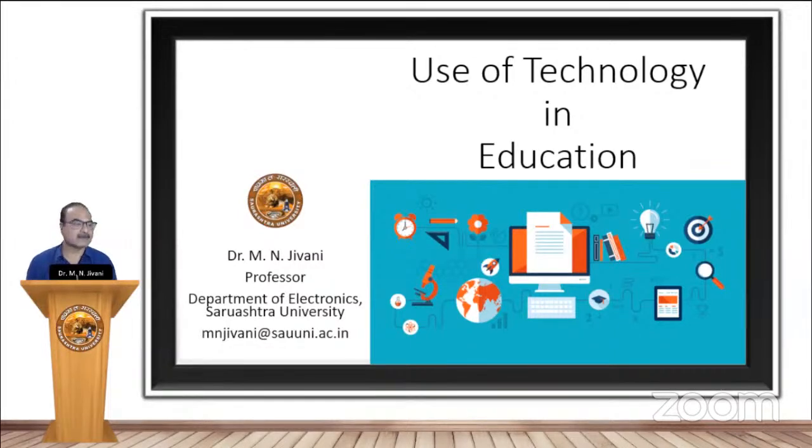One is academic bank of credit, then digital governance, and then technology, and so many other areas, multiple entry, multiple exit, modular systems. All these are theme areas or key areas of the National Education Policy. As I am in the field of technology, obviously I will talk about how technology is integrated. That is the discussion area for today's talk.